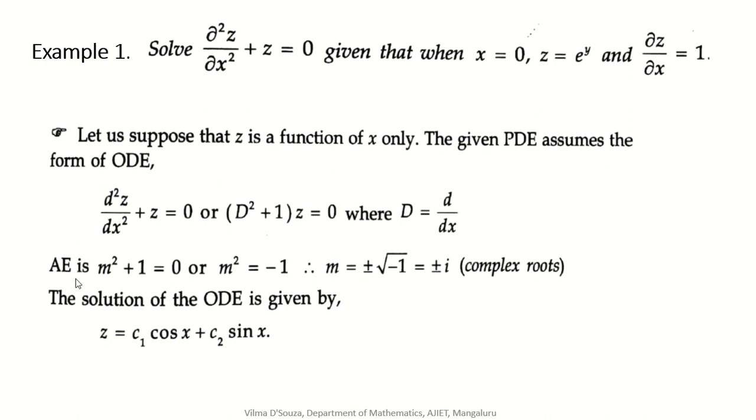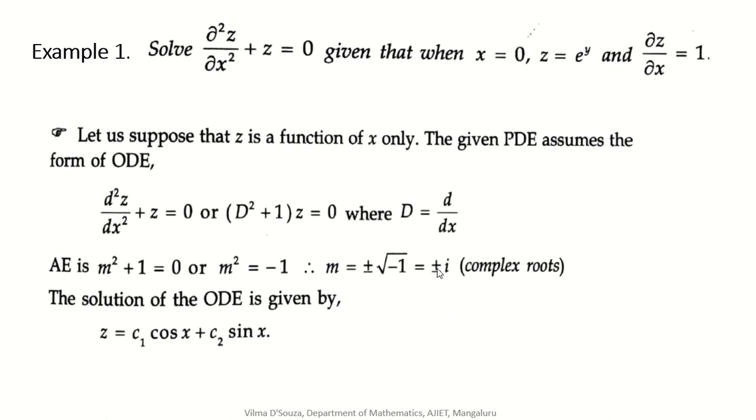First you write down the auxiliary equation. The auxiliary equation is m² + 1 = 0, or m² = -1. What are the roots of this auxiliary equation? You will get m = ±i, a complex root of the form α ± iβ, where α is 0 and β is 1.